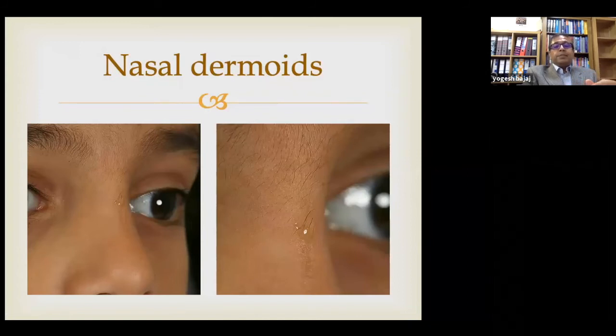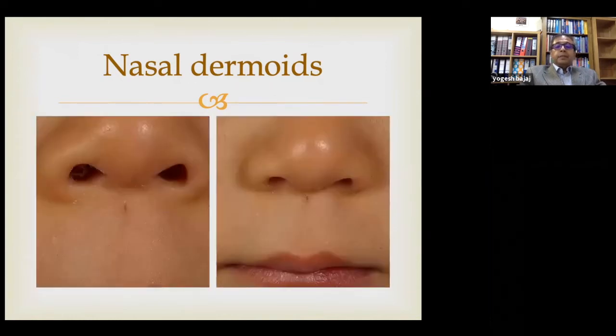So anywhere in the midline, if you see a fistula, be aware of dermoids. Another child, all he had was this little fistula. Do you see? Yes, you confirm your diagnosis by an MRI scan, and ultimately they're going to need a surgical excision.